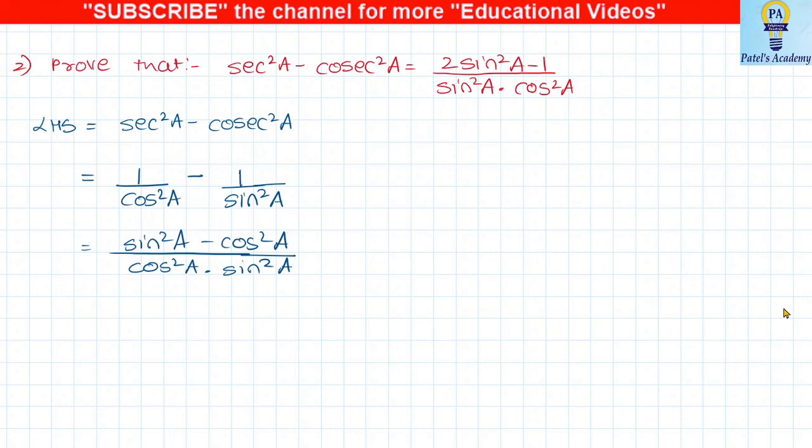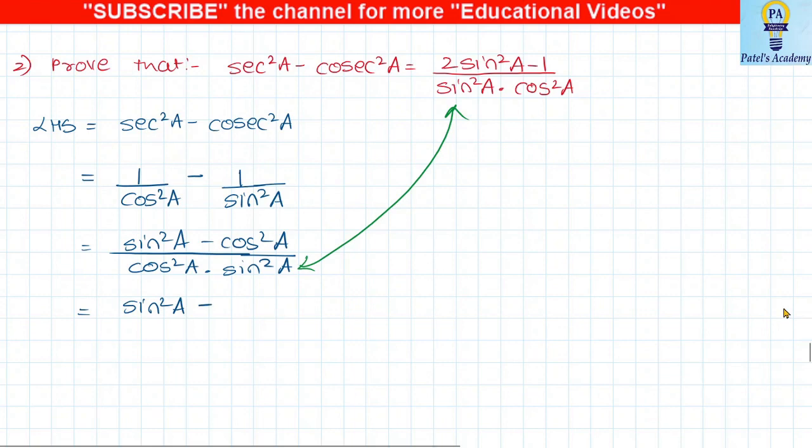Now if you see students, we got the denominator. Now I have to just see the numerator. In the numerator, what I want on the right hand side is nothing but sine. So I will keep sine square A as it is minus, now see what I'm doing.